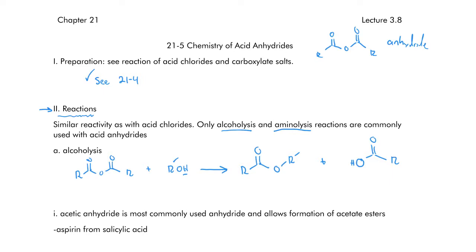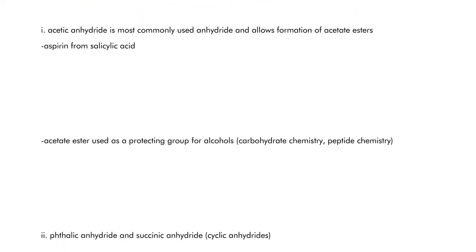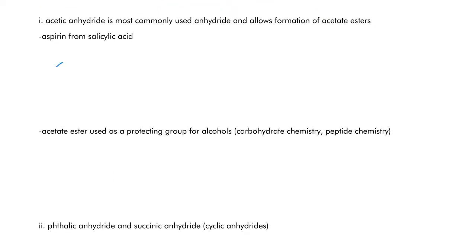So, for example, aspirin is prepared from salicylic acid by the acetylation of salicylic acid using acetic anhydride. That's one of the most common uses for it, actually. So we can take acetic anhydride and make these acetate esters with an alcohol.